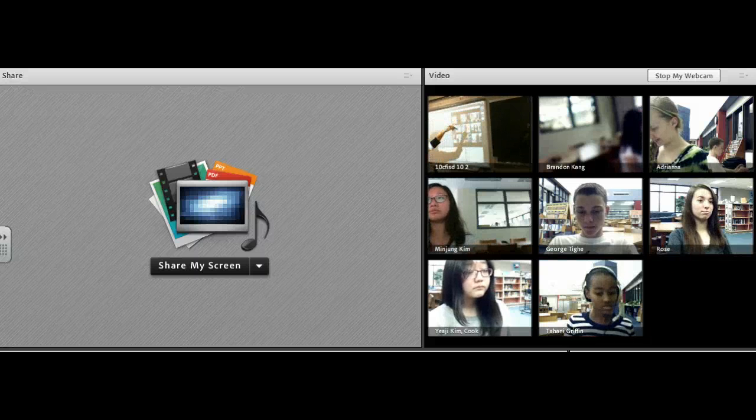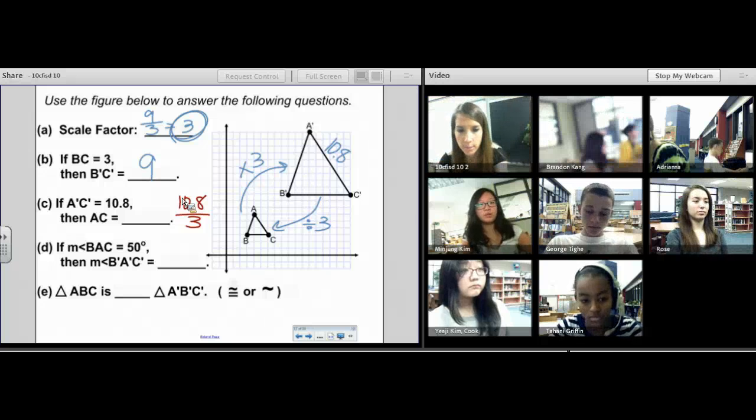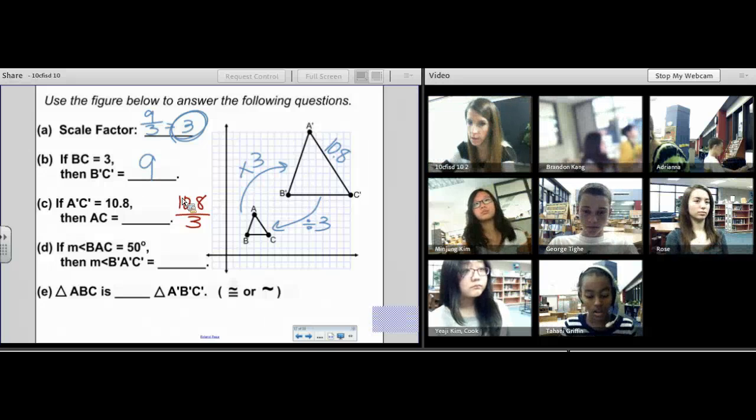I want to go backwards. I want to get smaller, right? So you're going to do 10.8 divided by our scale factor. We're dividing because we're going backwards and because we want to get smaller. Okay, good.